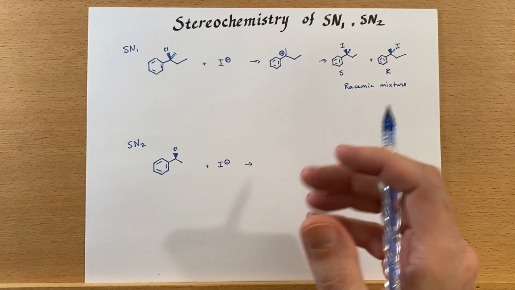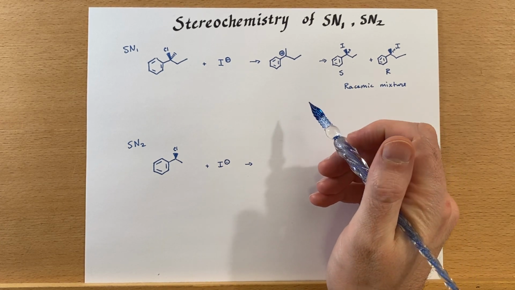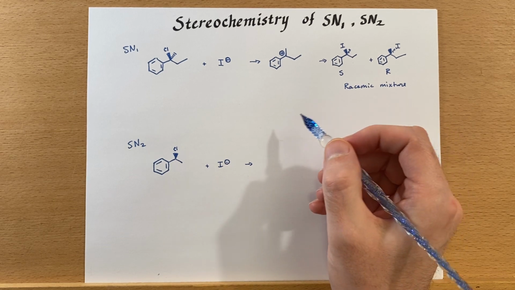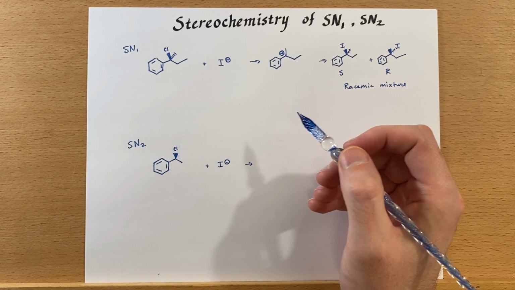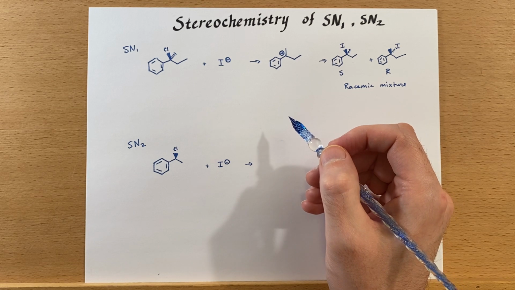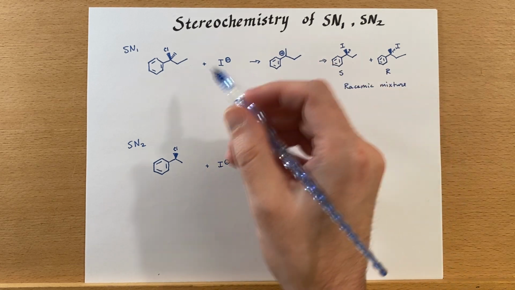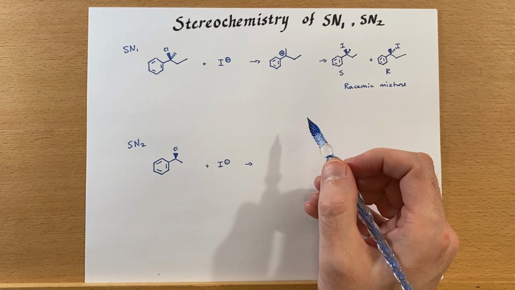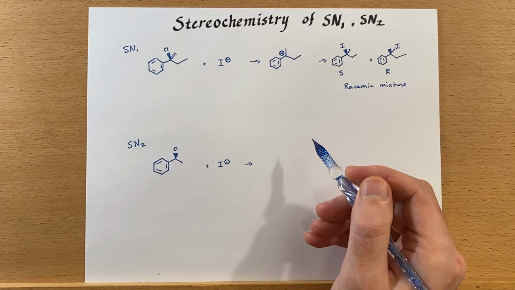And then there's one more way, which is to use a chiral auxiliary. A chiral auxiliary is a molecule that is chiral, and it's dissolved in the solution with all of the other material, but it does not directly participate in the reaction.